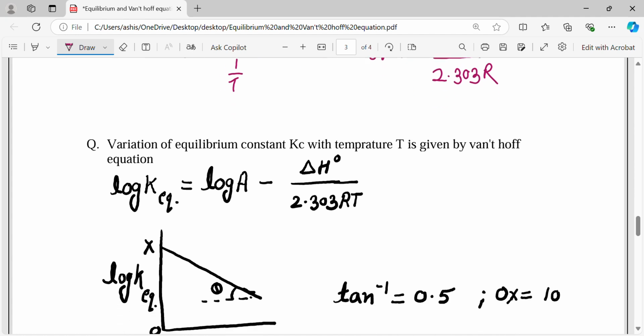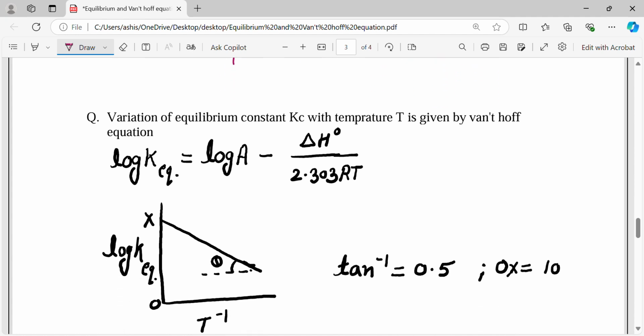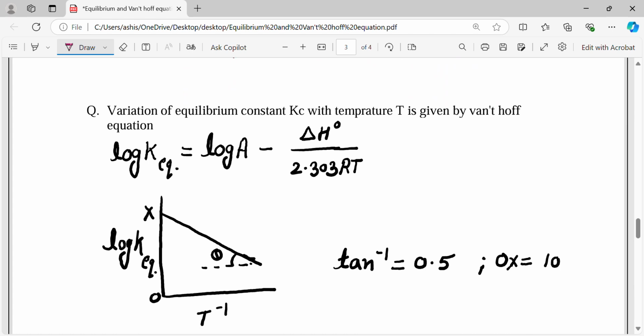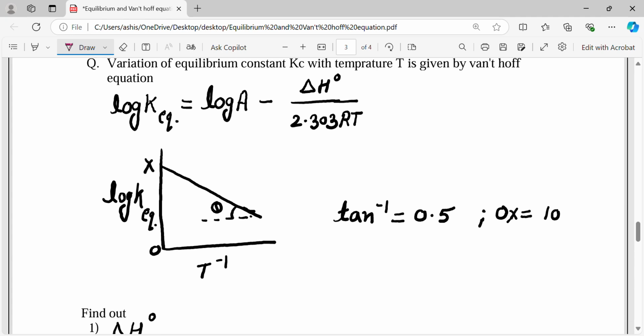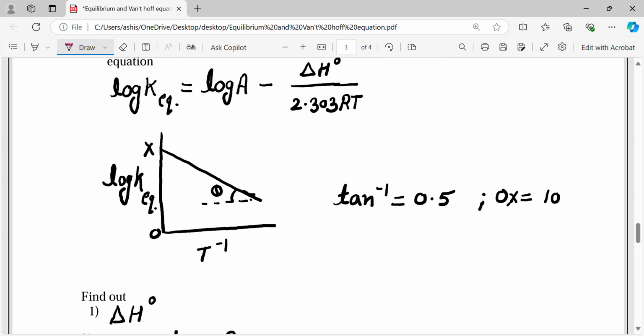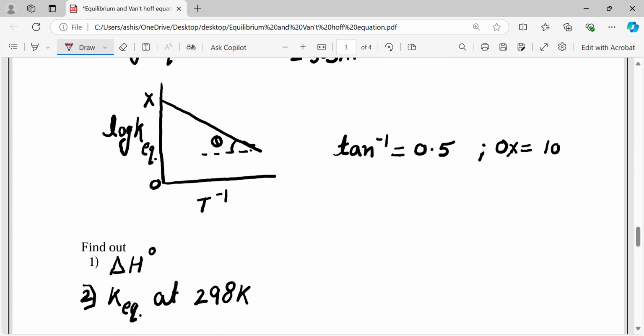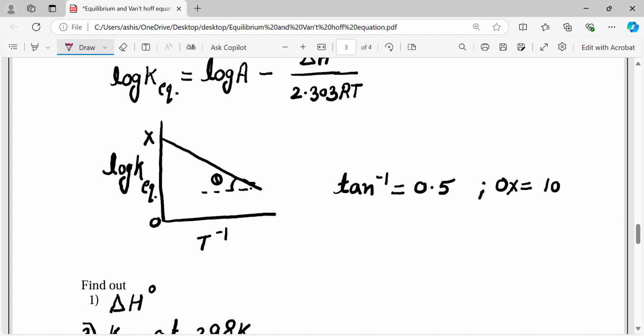Let's see another question. Variation of equilibrium constant Kc with temperature T is given by van't Hoff equation. The equation given is log K equilibrium is equal to log A minus delta H naught upon 2.303 RT, and a graph is given, tan inverse is also given, as well as the OX intercept value is equal to 10. Now we have to find delta H naught.